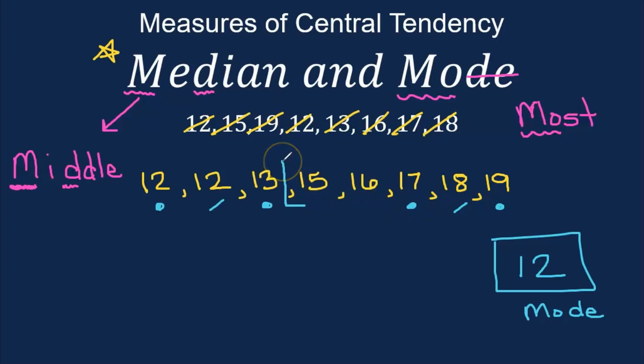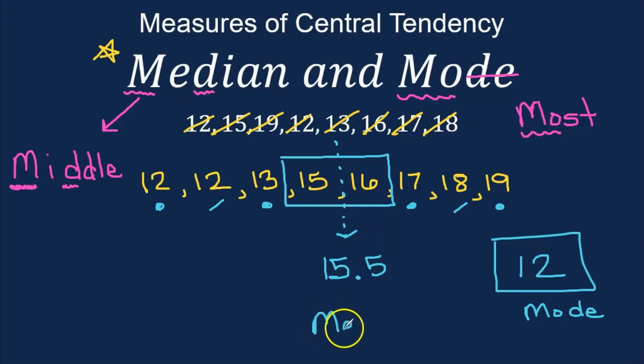I have two numbers that are in the middle. Now these two numbers, 15 and 16, are the middle, but we're going to look at the number that's exactly halfway. It isn't in the data set, so 15.5, which is halfway, is not one of our pieces of data, but it is indeed going to be our median.